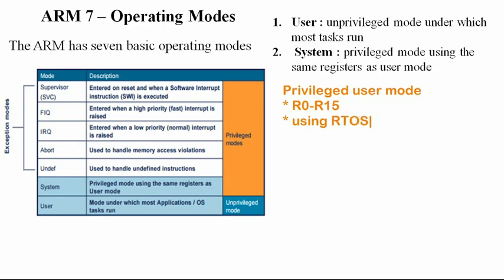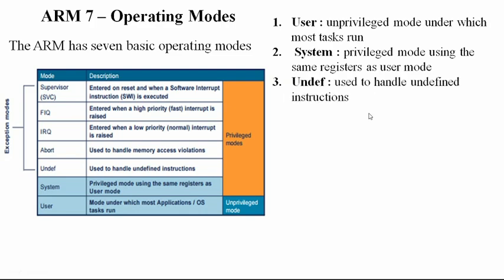So if you want to develop operating system related programming, you can use privileged user mode, also called system mode. It uses registers R0 to R15, and if you want to develop any applications using operating system or RTOS concepts, you can use system mode. This is my second operating mode, called system mode.